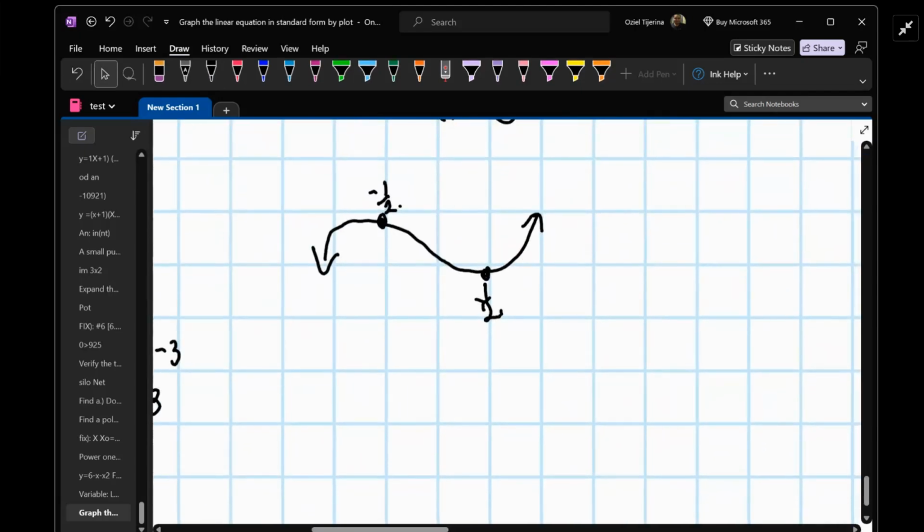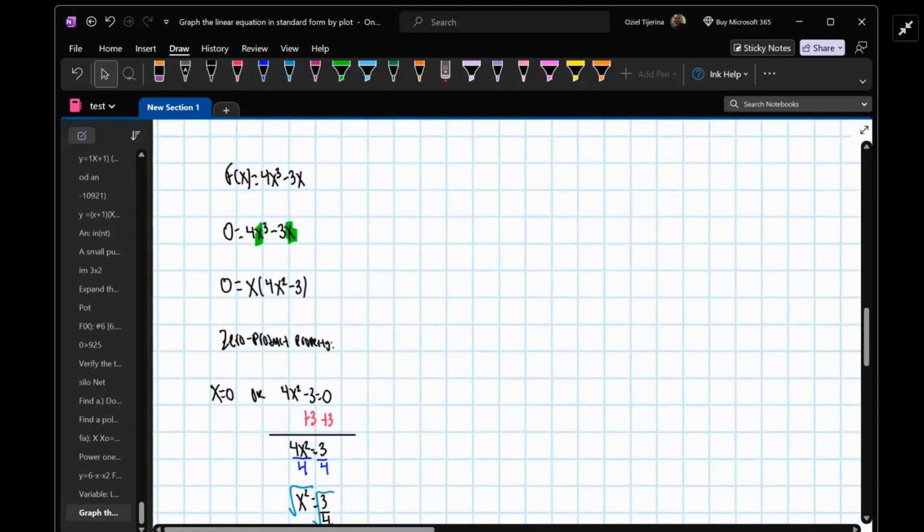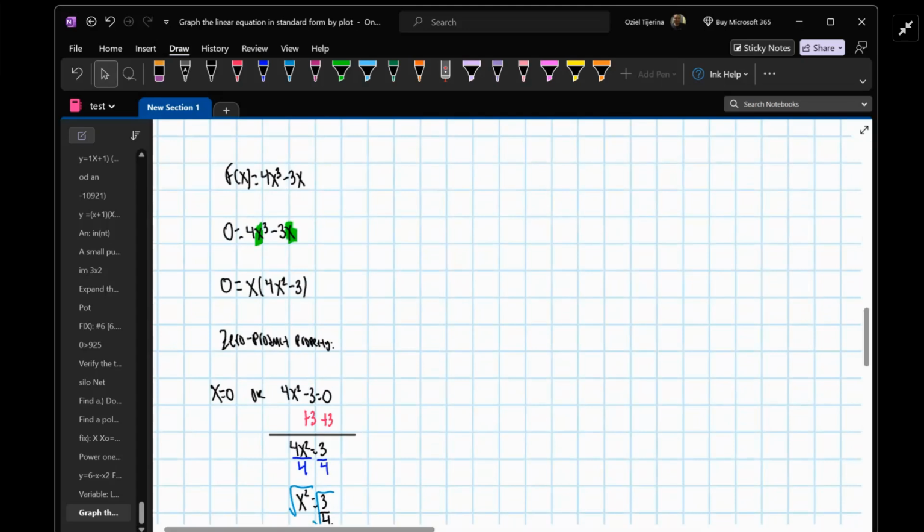So our maximum is at y equals -1/2. If we calculate that to find the actual point at which the maximum occurs, give me a second. So 4 times -1/2 cubed minus 3 times -1/2 is 1.